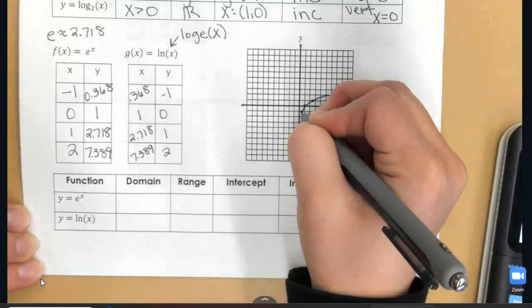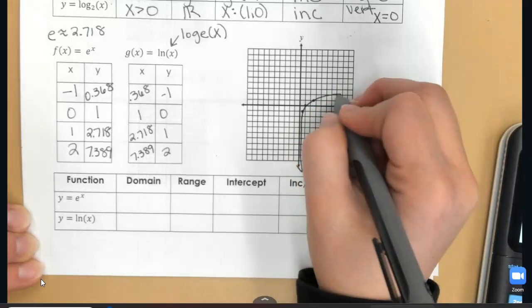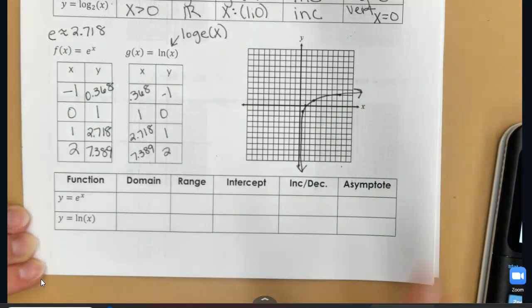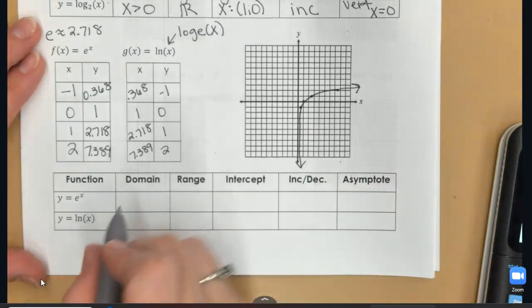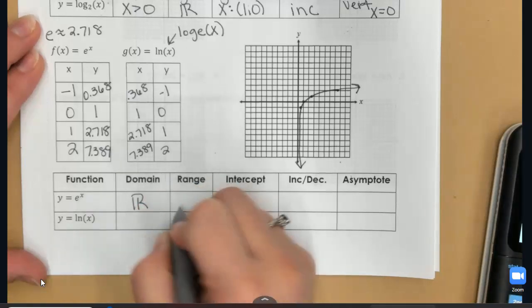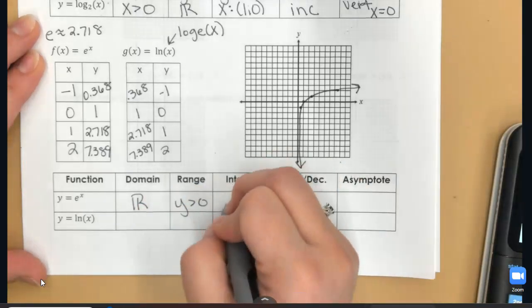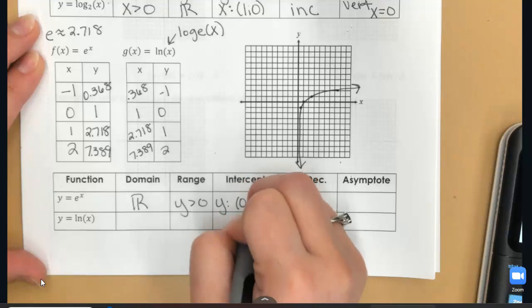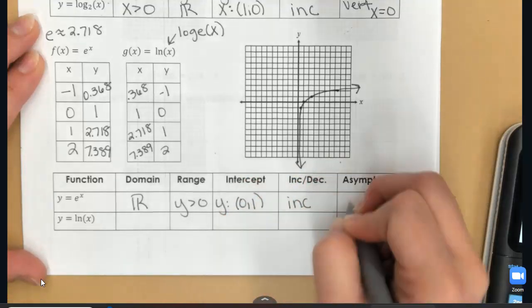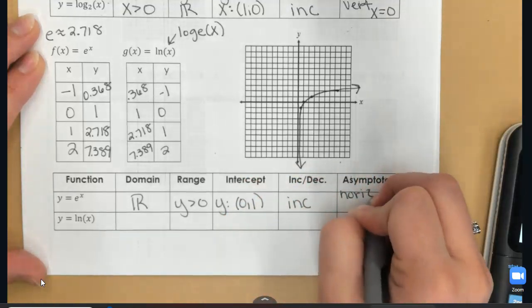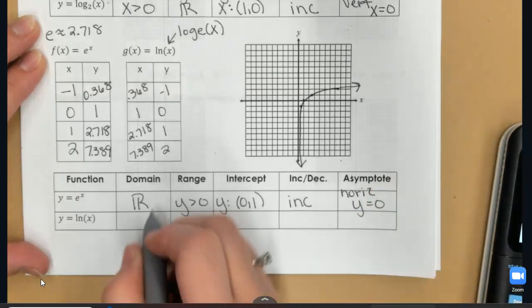And here is my natural log graph. And regardless of how perfect or imperfect that becomes, we can still identify our characteristics for the exponential and how that changes when we graph the log, our inverse.